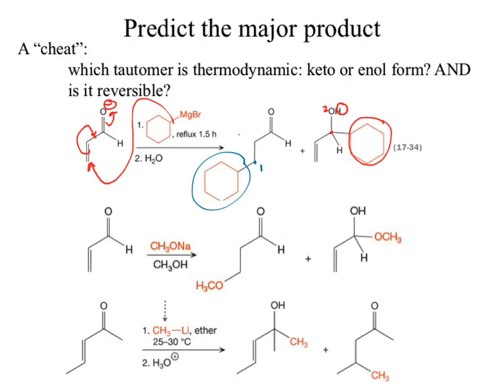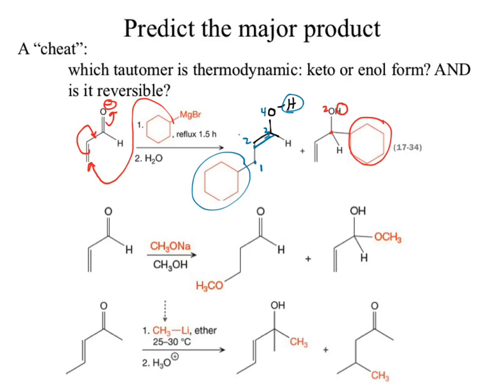Officially, when we're doing the 1,4, the reason why we called it 1,4 was because we formed this as a product. Now what have we added? The hydrogen and that cyclohexane at positions 1, 2, 3, 4.